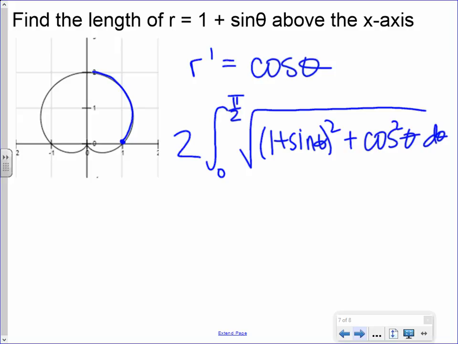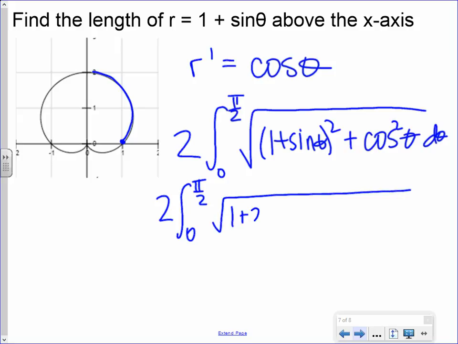More intense than anything I would expect you to do by hand. So here we get 1 plus 2 sine theta plus sine squared theta plus cosine squared theta d theta.